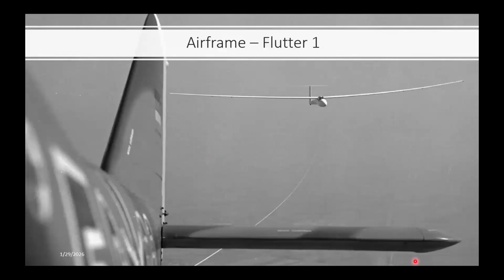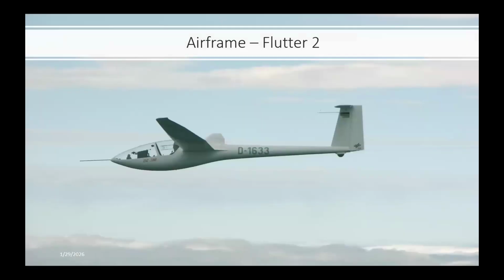Now, the next case, this one is interesting. The purpose of this flight test was to validate the structural computer models that were being used or phased in for the design phase.